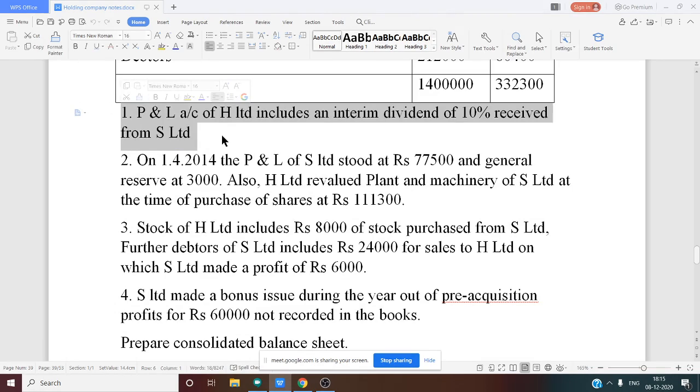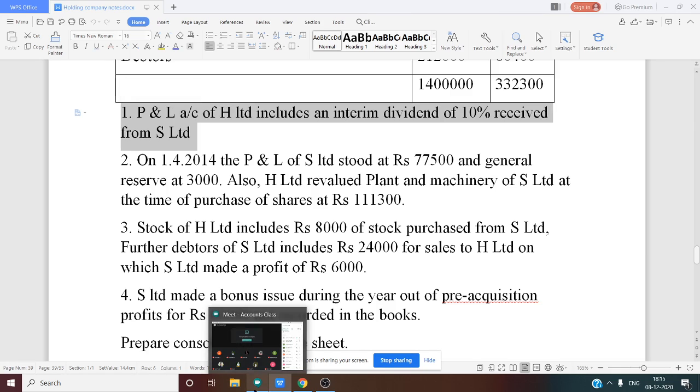Then the interim dividend of the subsidiary company we also have to see, because in this question there is a bonus issue also. Bonus issue calculation is there. Bonus issues are paid out of profit, and if dividend is also there, that is also paid out of profit, isn't it? That is why the dividend we also have to calculate for both companies.